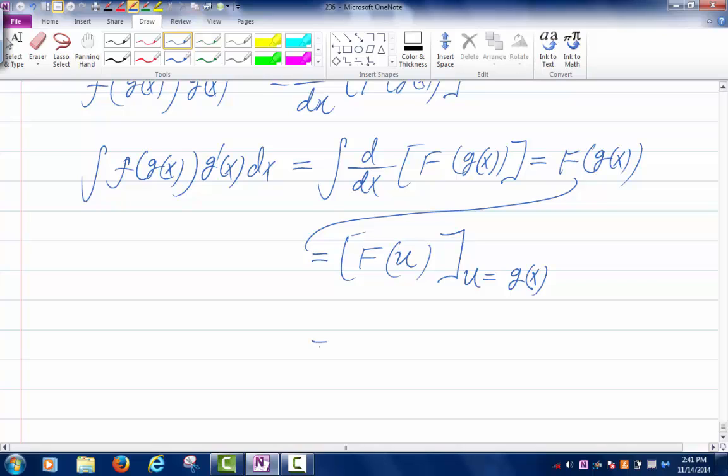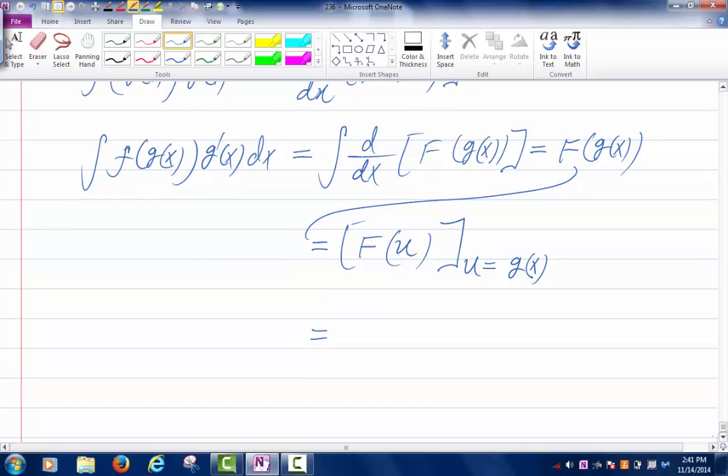Now, remember, capital F is the antiderivative of what? Capital F was the antiderivative of the lowercase f, right? So we are taking the antiderivative of the lowercase f and evaluating whatever we get at g of x, right? Do you agree with that? Everybody is okay with that.